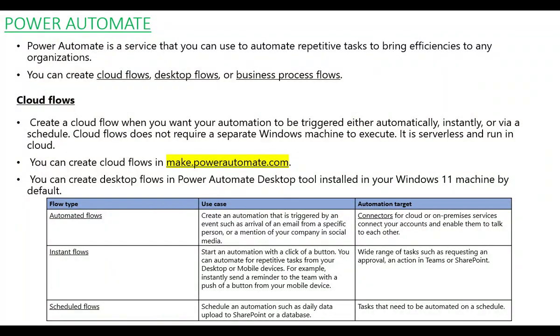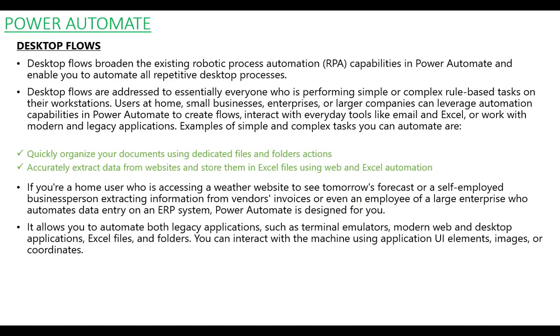Now we move on to desktop flows. Desktop flows are for RPA automation. Like other RPA tools such as UiPath and Automation Anywhere, which work on the UI of the screens to automate. Not only that, you can use desktop flows for API based automation also; you can invoke web services.